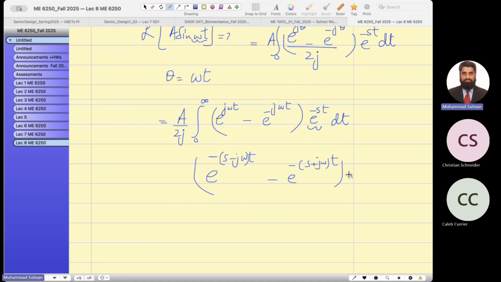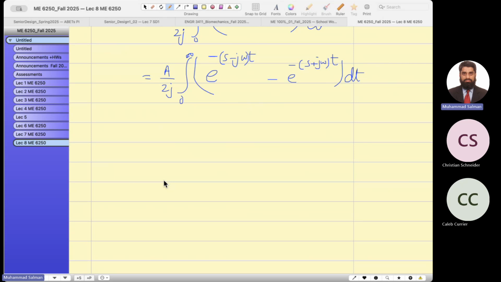So if I take the integral with a over 2j outside, that will help me find the answer for this one.